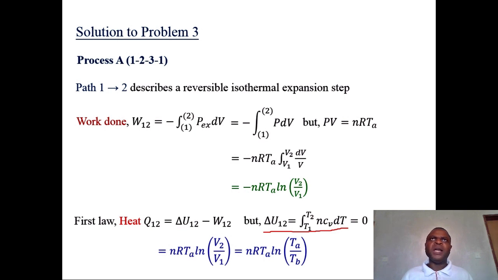I will show why we say that V2 over V1 is equal to TA over TB. This is because V2 over V3 is equal to V2 over V1, which is equal to TA over TB. And I'll show in the next slide why we get such a relationship.